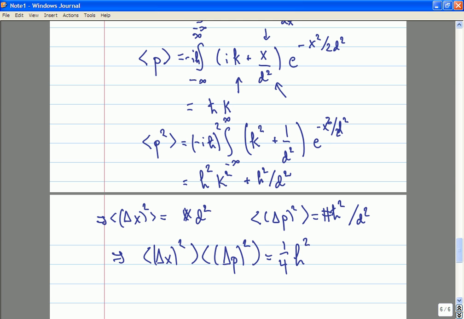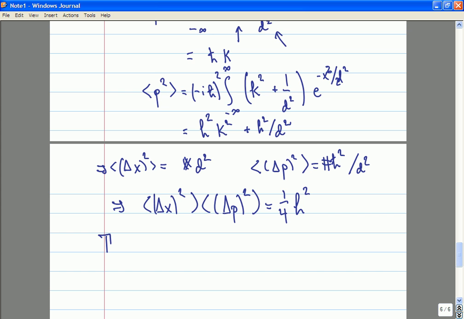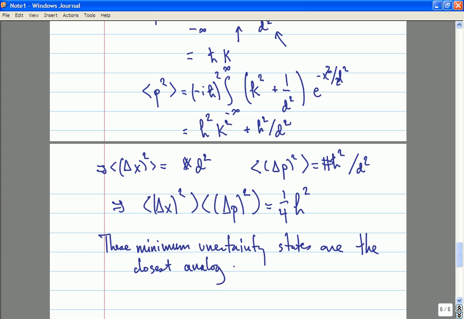So what is the significance of these minimum uncertainty states? These minimum uncertainty states are the closest that one can get to classical states in quantum mechanics. So they're the closest analog of classical states where a particle has a definite position and momentum.